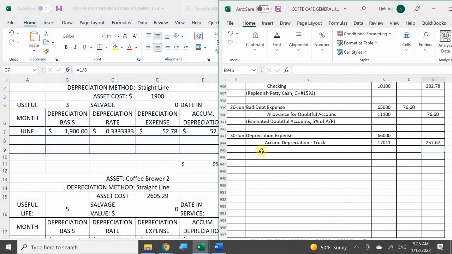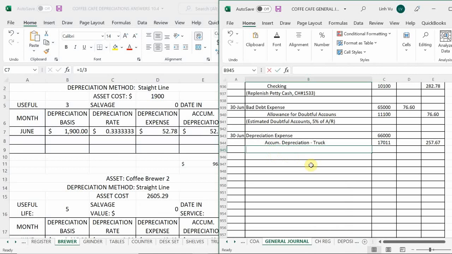Okay, so journalize this. We got the coffee brewer, grinder, computer, printer.